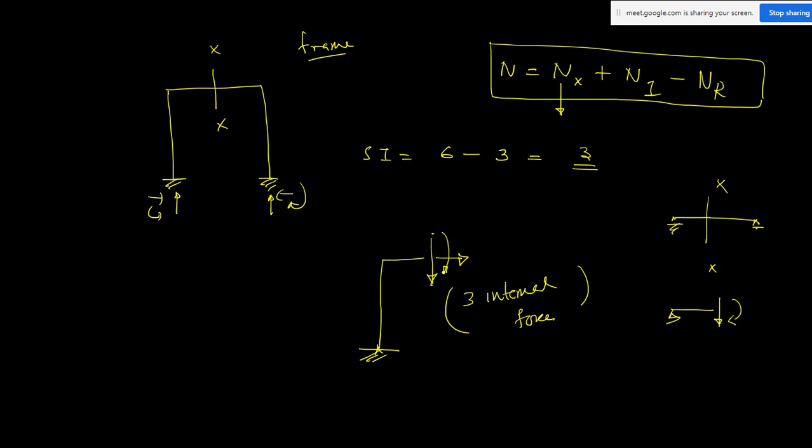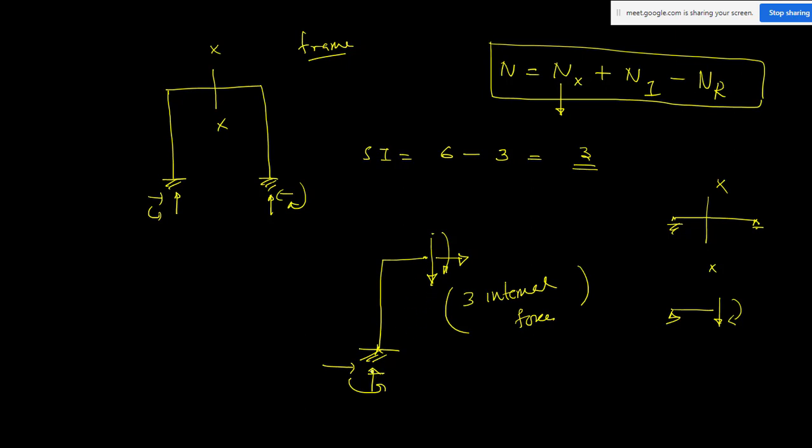But these are not unknowns, because if you know these 3 values, I can find out the other values. You take a section along this cut and apply the equilibrium equations. This value and this value should be equal, from sigma Fy equal to 0. This is the free body diagram for the cut section, left side.